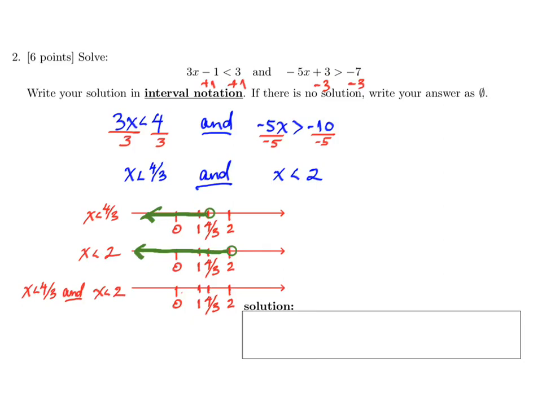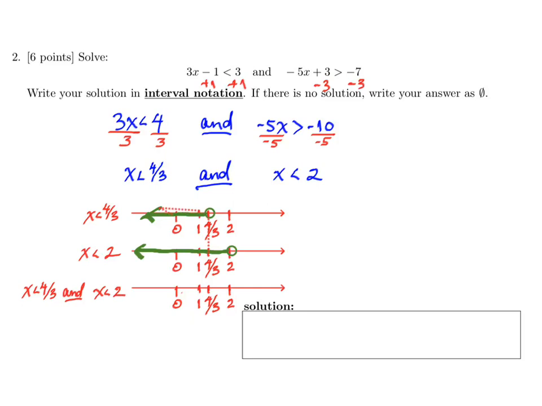In other words, where do the two sets overlap? And we can see visually, and I can draw a little dotted line, that they're overlapping right here.